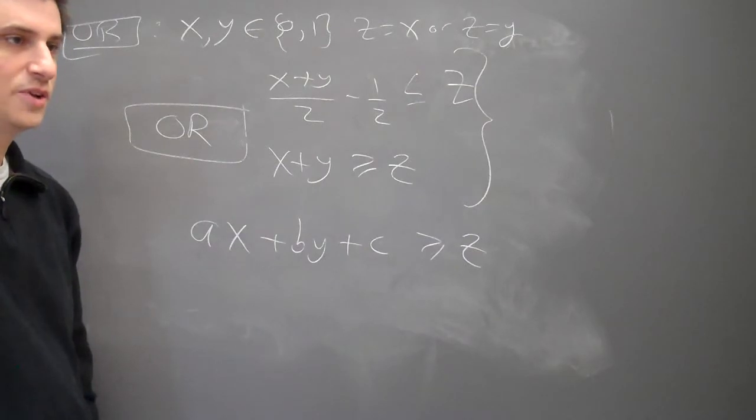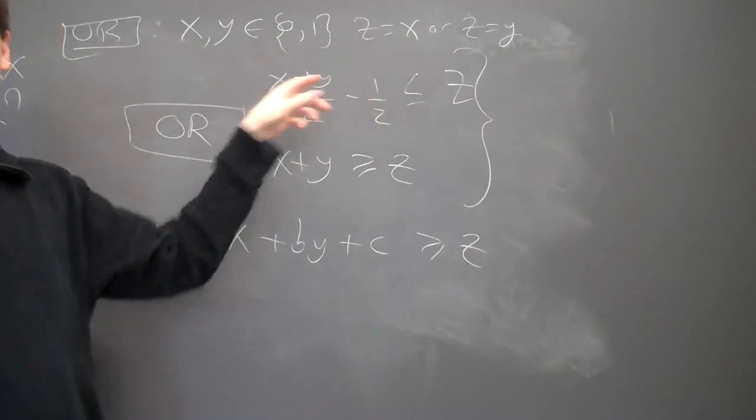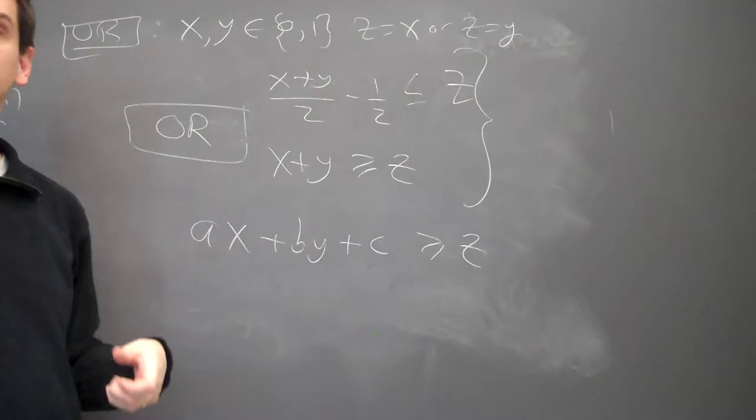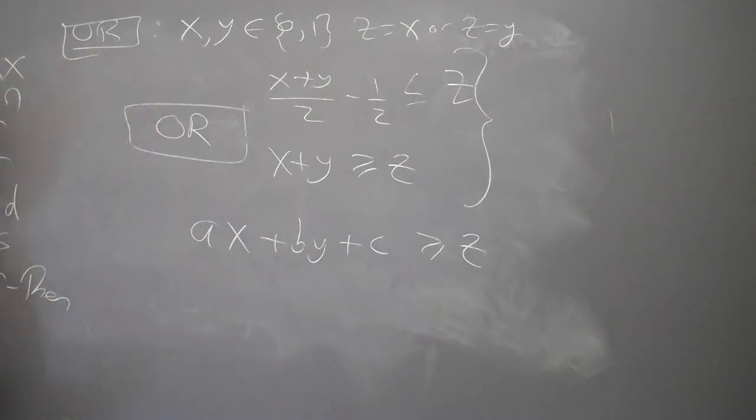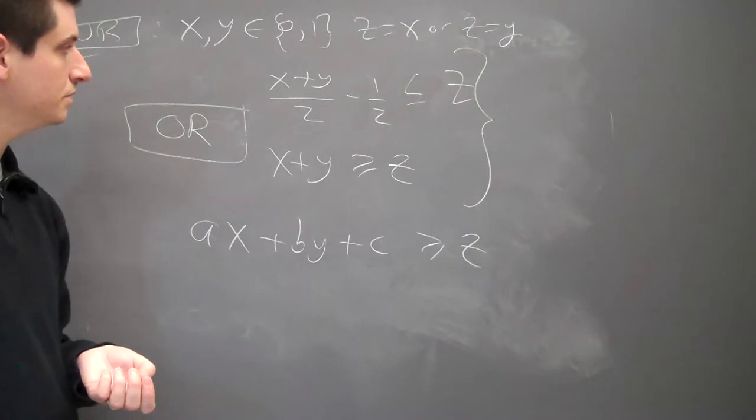No, you don't need a half. So I'll leave that as a question for you to think about. Does it have to be minus a half here, or can you put in something else? That shouldn't be too hard to just play with and see. Does anything else work? It can be any constant, so that the left side of the inequality is less than 0.